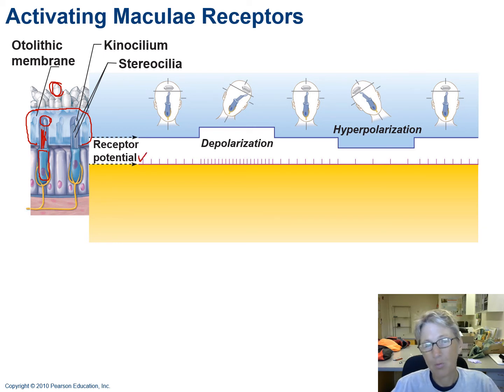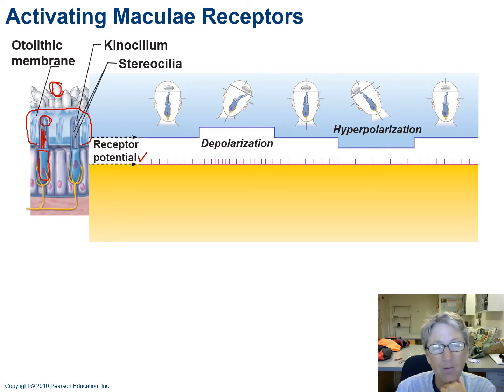of receptor potential. So remember, well, maybe don't remember, but a receptor potential is a graded potential, and that means it depolarizes the cell. So this hair cell, upon activation by the kinocilium and the stereocilia, will depolarize from maybe -70 to maybe -60, so it'll be a slight depolarization.